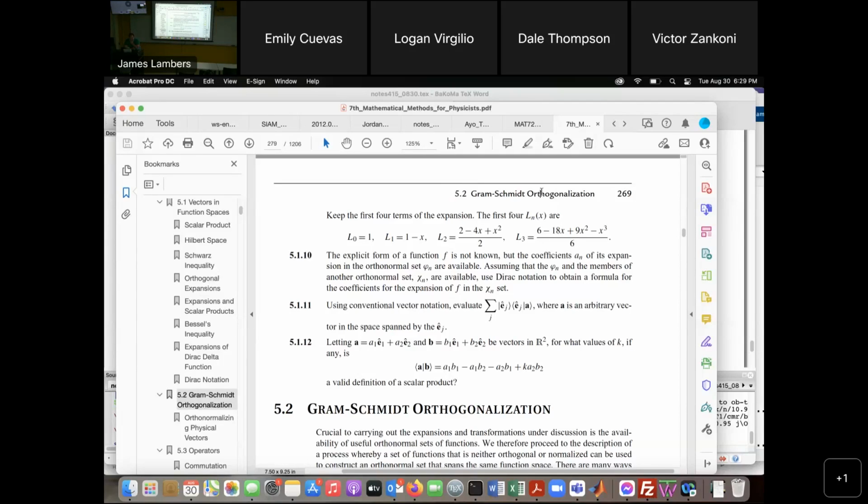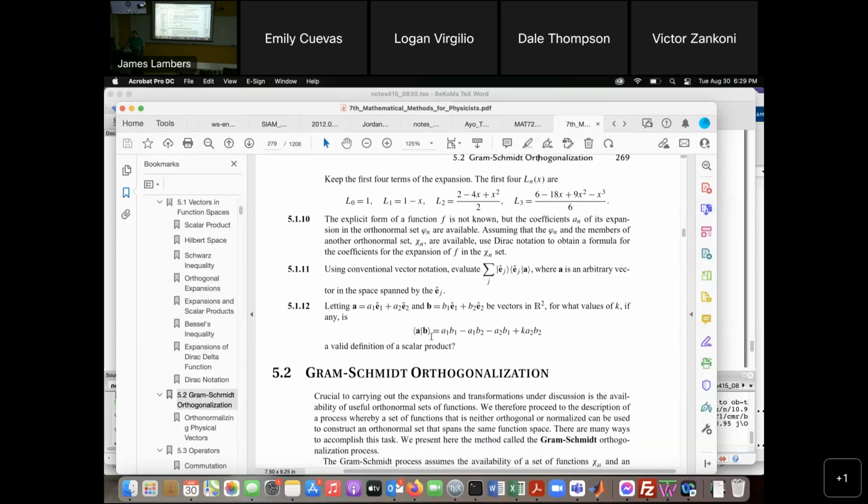For number 12, how did they get rid of the scalar product for E in the function space of A, B, like in the second line? Okay, so A and B have the variable E, like in the line above. Oh, here, okay. Because what happens is, when you take the scalar product of A and B, the scalar product needs to follow the distributive laws.